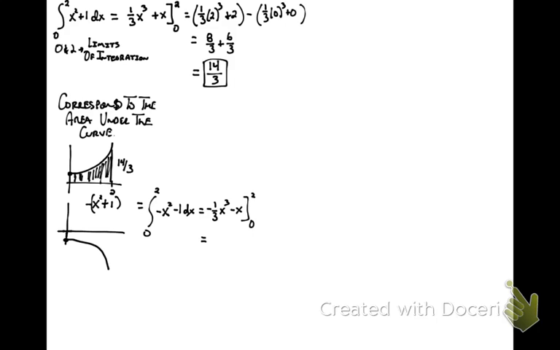This will be negative 8/3 minus 2 minus 0 minus 0, and this is negative 14/3. So notice that I get a negative value for the space here because it's below the x-axis.